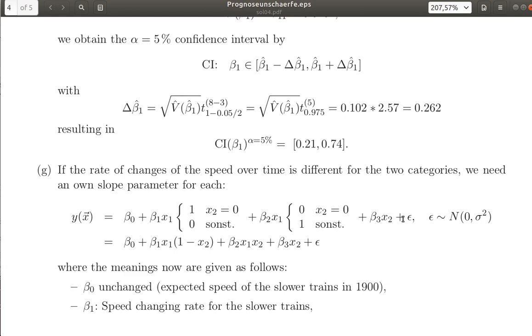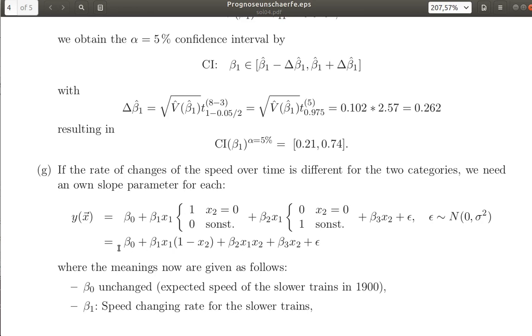We can also write it in this term, because x2 can only take on the values 1 and 0. So this condition can also be written as 1 minus x2, and this as x2 itself.